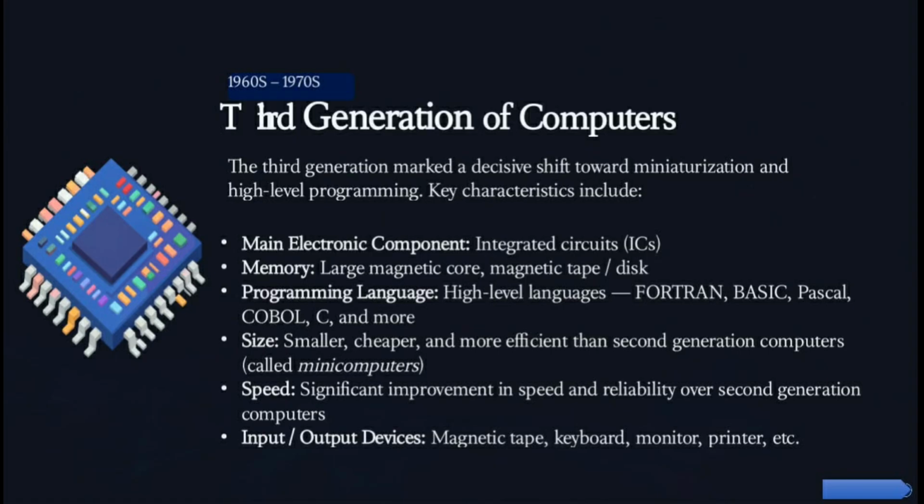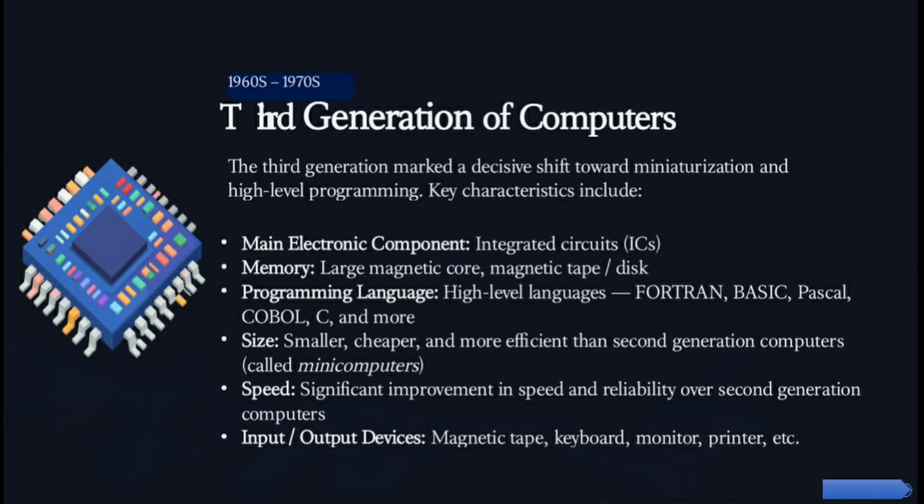Although they were still large compared with today's laptops and smartphones, they were much more practical than the huge computers used during the first generation. Their smaller size also helped organizations such as businesses, schools, and research institutions use computers more easily.